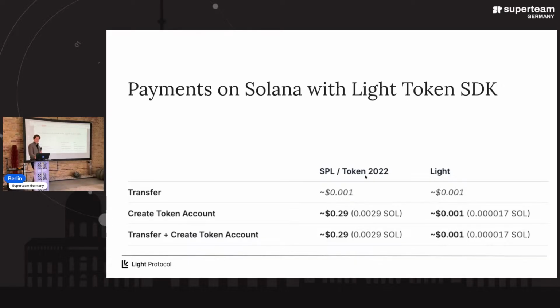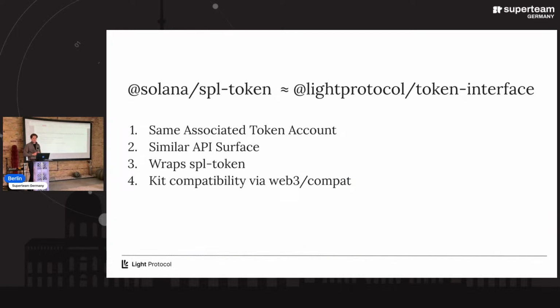And before we get into how exactly it works under the hood, we will compare the API surface of the Web3.js and the token interface SDK. So in essence, you interact with the same associated token account. We'll see in a second, where we compare the code, that the API surface is pretty similar.